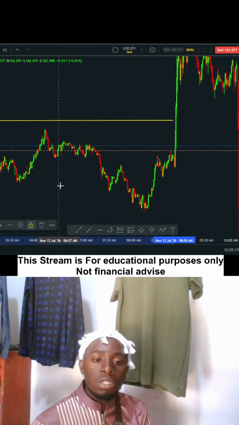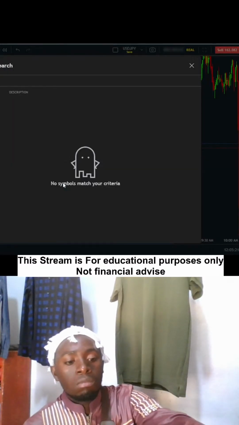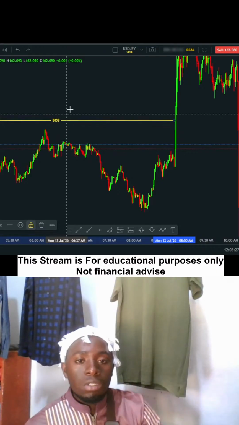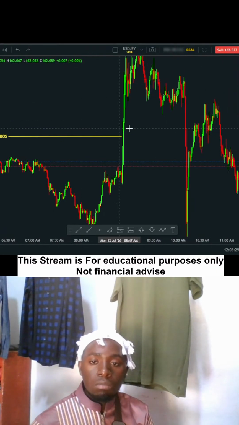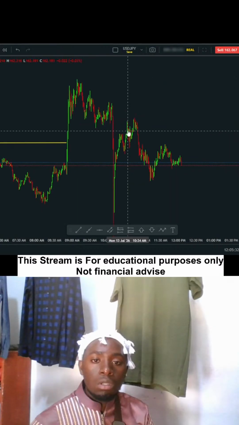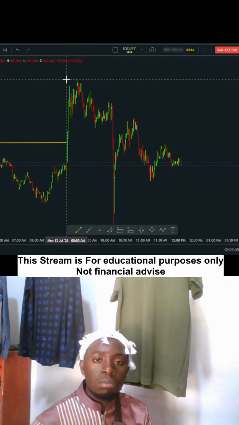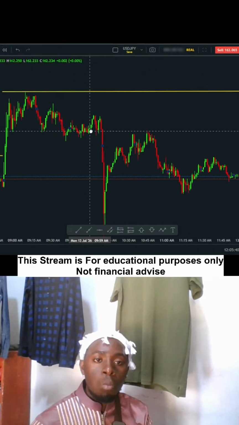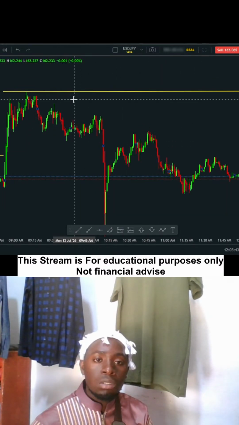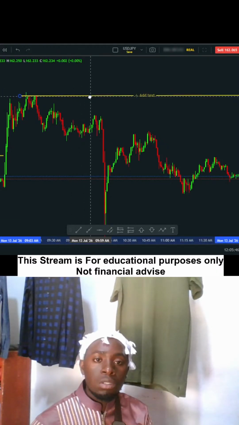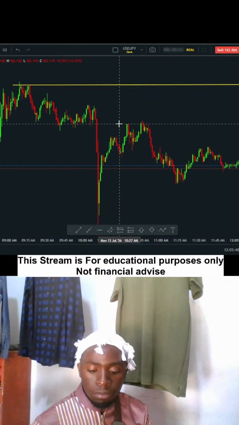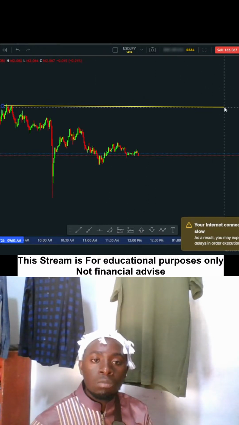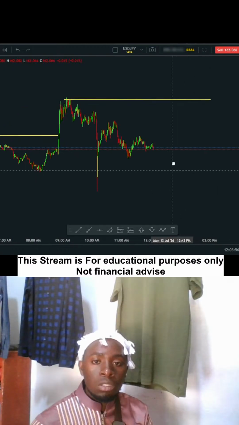We have a break of structure here. A break of structure right there. I have a high right there. Okay, this would be the right one here. Boom. Just like that.